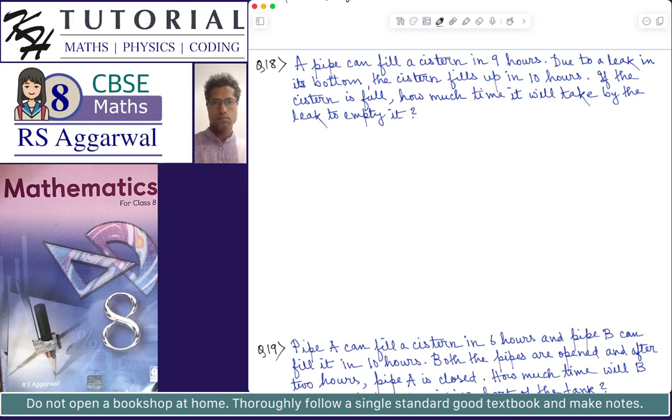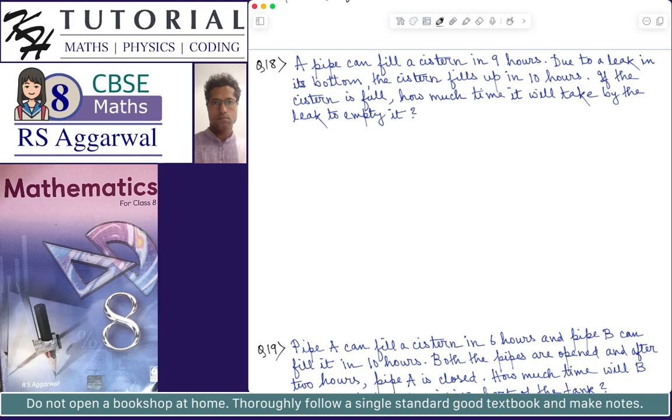We don't know. Usually we know the work done per hour by a tap from the given fact that how much time it takes to either fill an empty tank completely or to empty a filled tank. But we do not know that fact about the leak, but we do know that the pipe along with the leak fills up the tank in 10 hours.